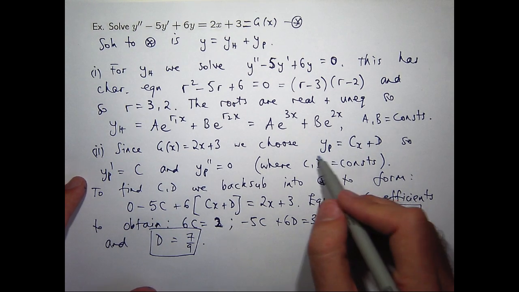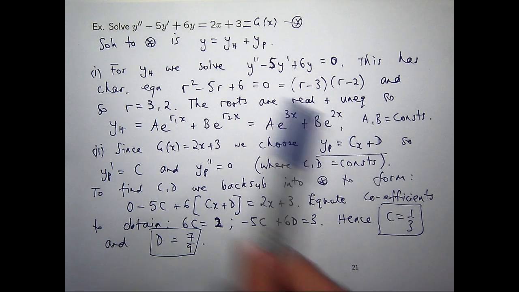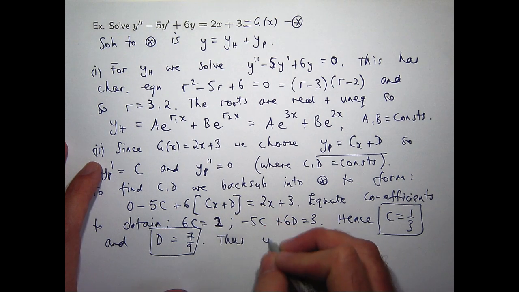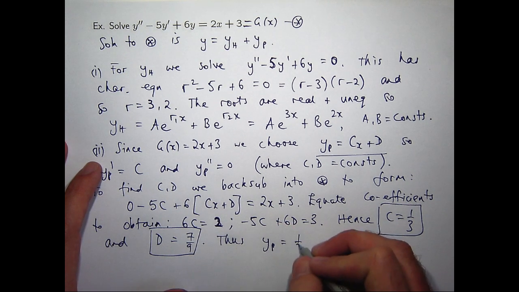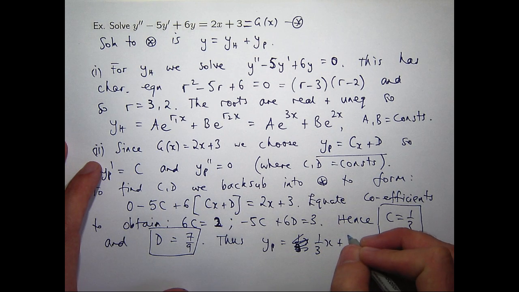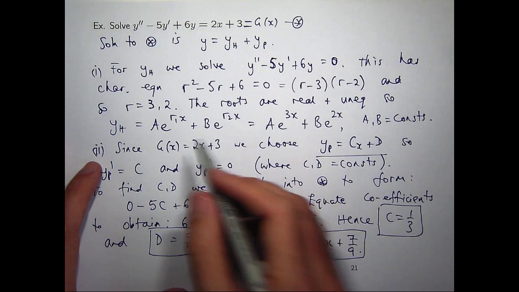Okay, so now for this particular solution, we've constructed the c and d so that this will actually be a solution to star. One third. Okay, so there's my particular solution.